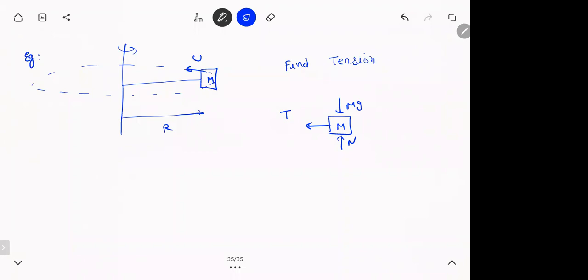Forget about it. Second point, since you're going in a circle, this is the statement you have to use. If you're going in a circle, you should have an acceleration. So since it goes in a circle, there should be an acceleration. We proved it.